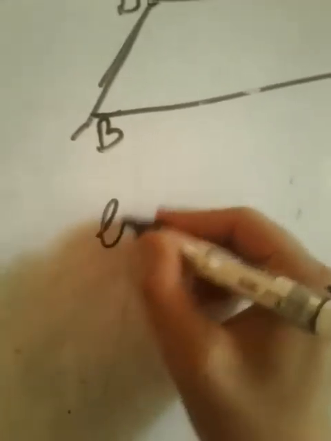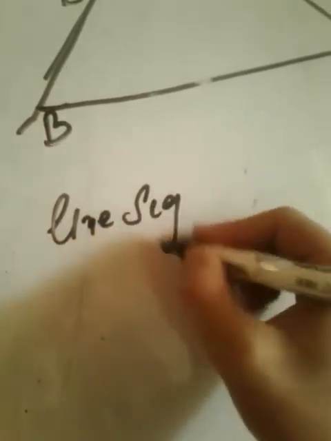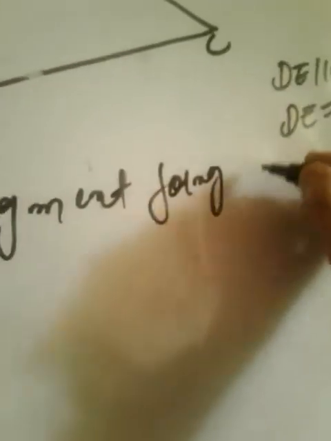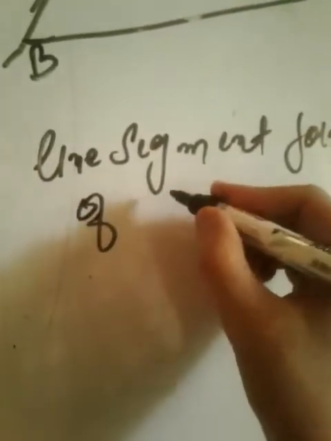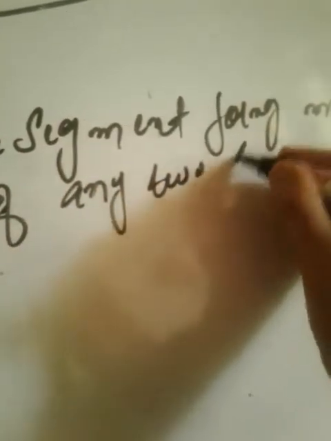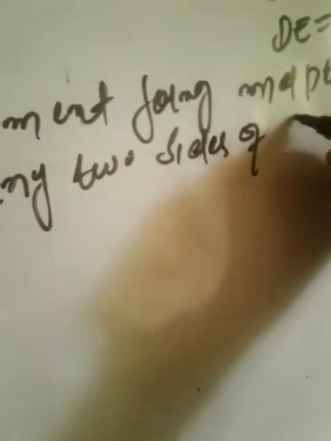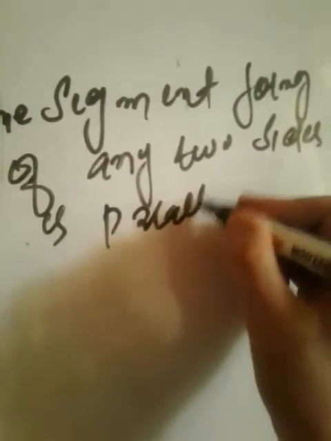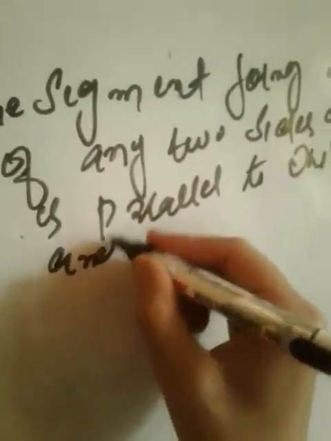So what is the statement of the midpoint theorem? We will first write the statement: the line segment joining the midpoints of any two sides of a triangle is parallel to the third side and is equal to half of it.